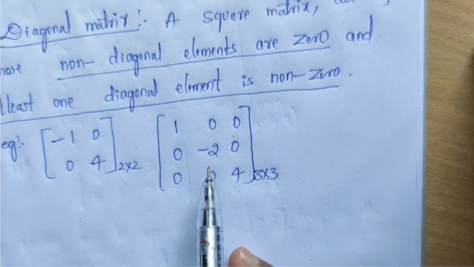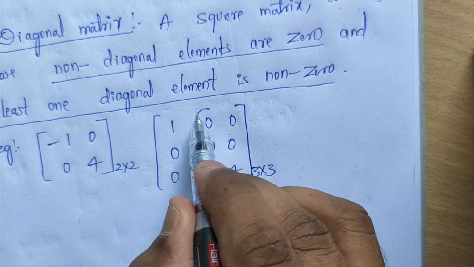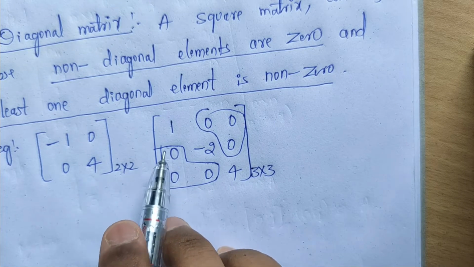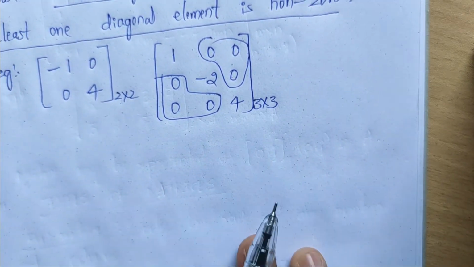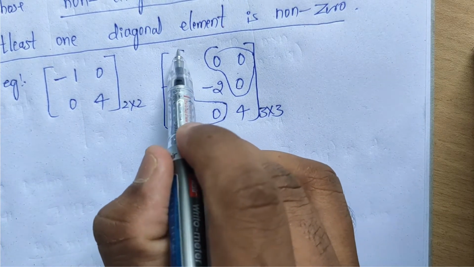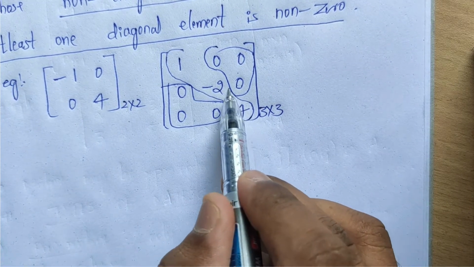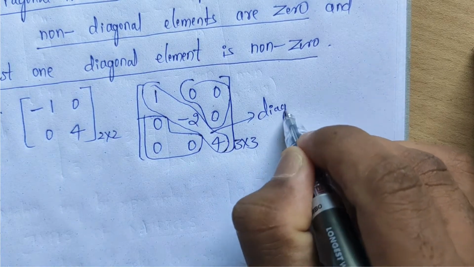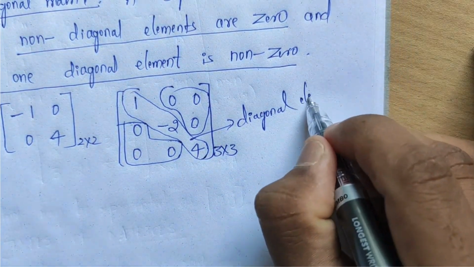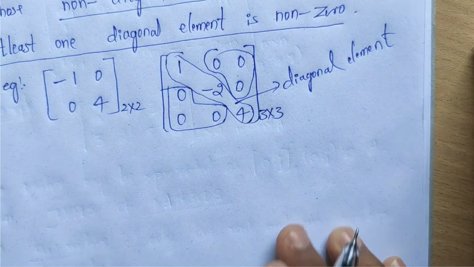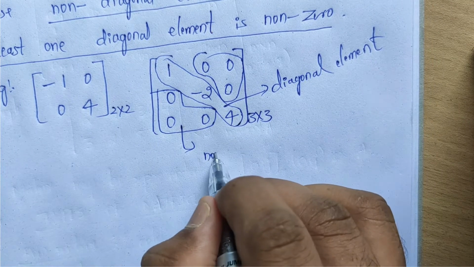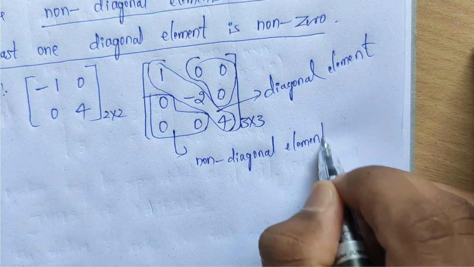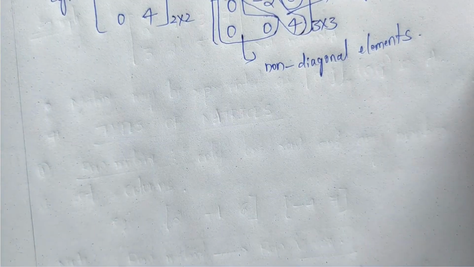Non-diagonal elements are 0, upper and lower. 1, minus 2 and 4 are the diagonal elements, non-zero. It is a diagonal matrix.